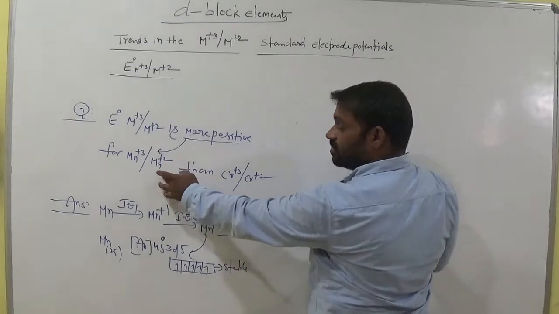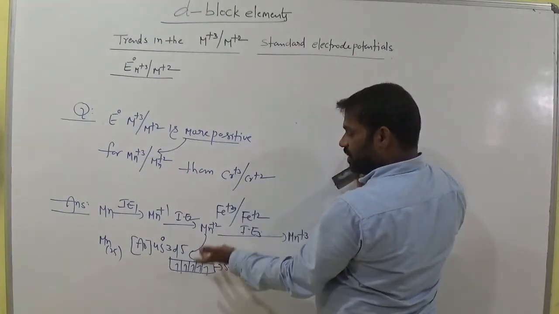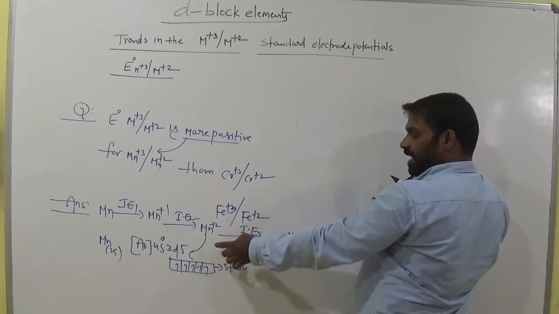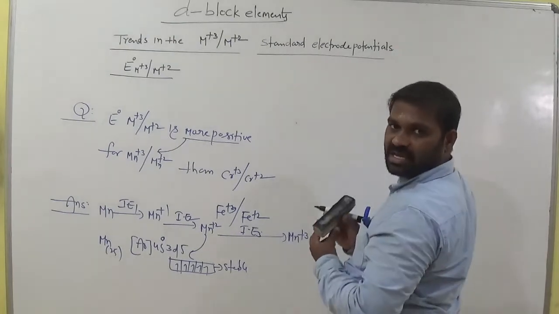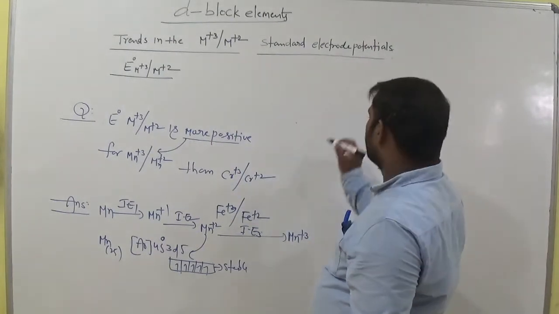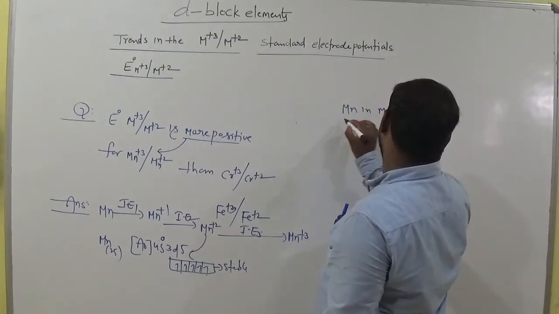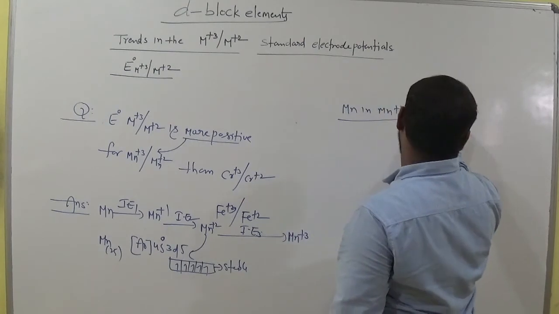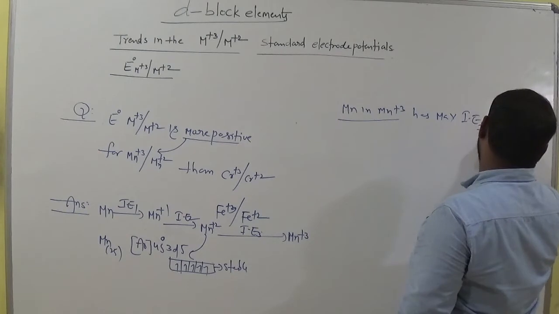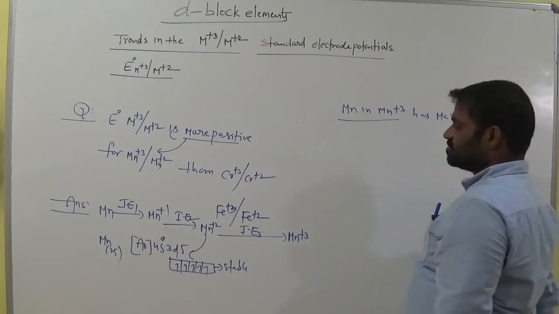Mn+3 can be formed, but it is difficult to remove the electron because Mn+2 is already stable. So more ionization energy must be applied to get Mn+3. Clear? So what is the reason it has a more positive value? Manganese in Mn+3 has maximum ionization energy.